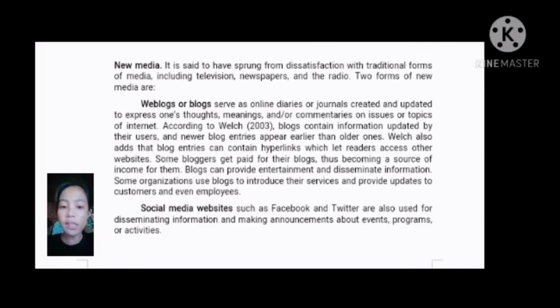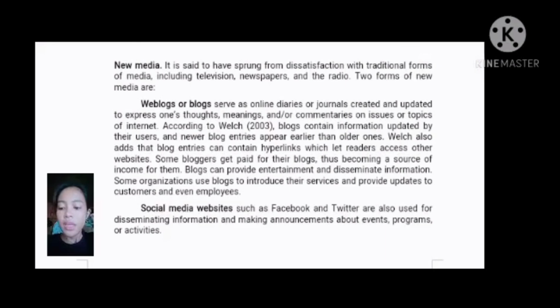The second are social media websites, such as Facebook and Twitter, which are also used for disseminating information and making announcements about events, programs, or activities. The examples of this are Facebook and Twitter.